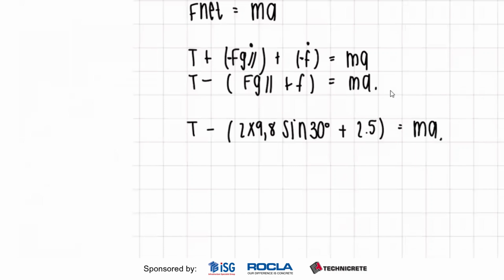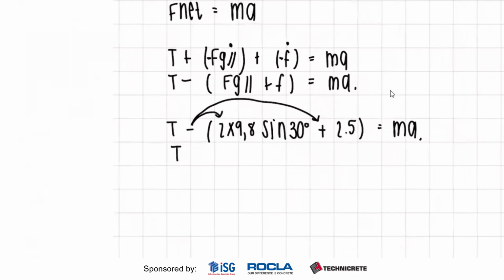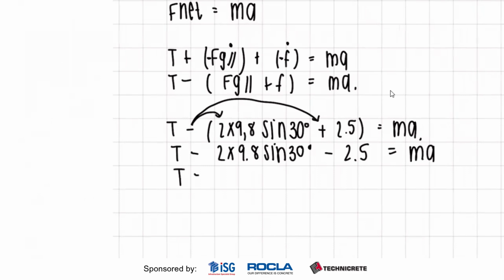Okay, now we're going to simplify this. We're going to put our minuses back in. Get T minus 2 times 9.8 sine 30 minus 2.5 equals MA. If we work this out on our calculator, we get T minus 9.8 minus 2.5.